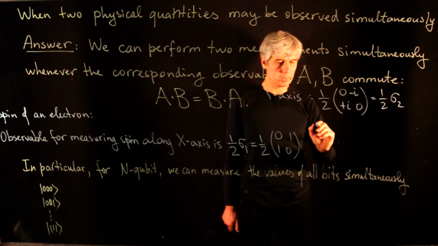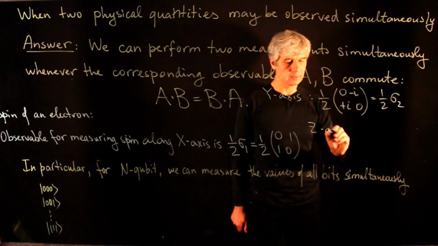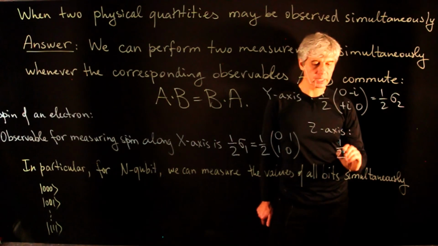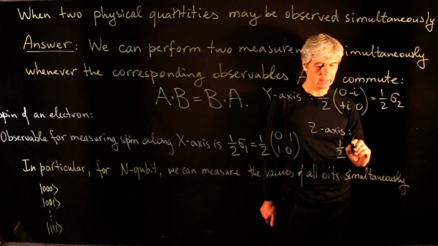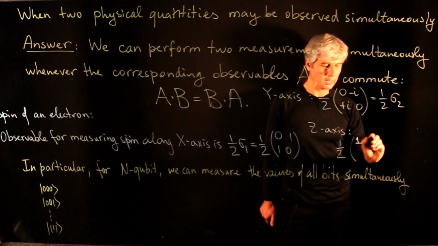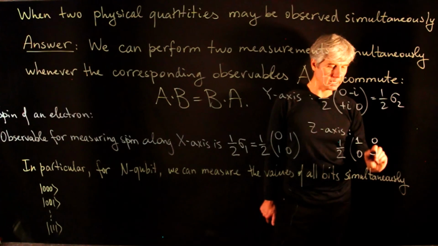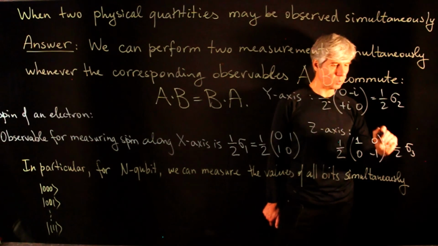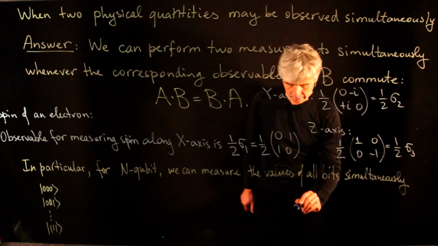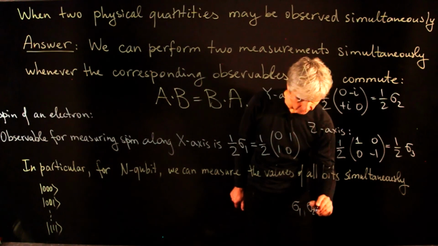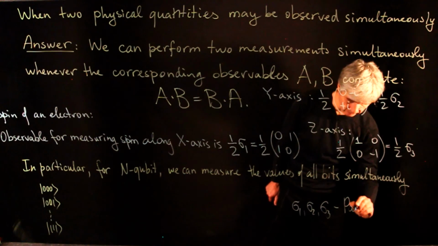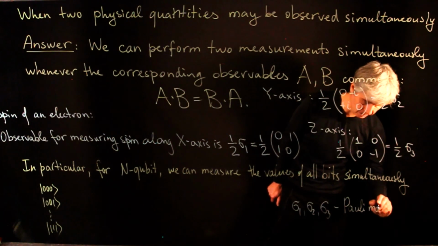And so for the z-axis, the corresponding observable is 1/2, and here it's 1, 0, 0, minus 1. So this is 1/2 of sigma 3. So these sigma 1, sigma 2, and sigma 3 are called Pauli matrices.